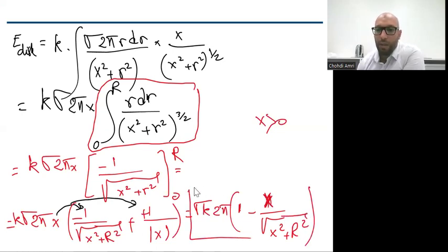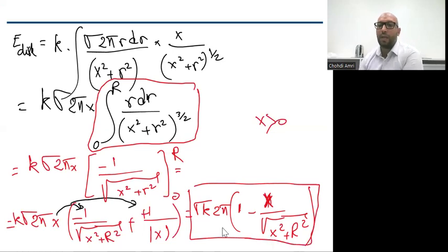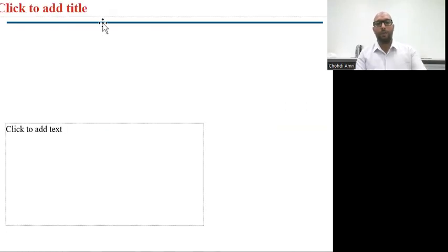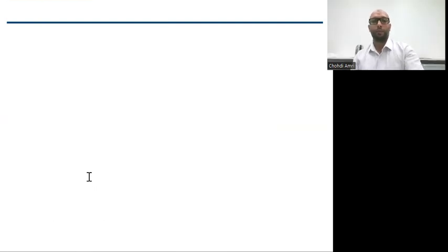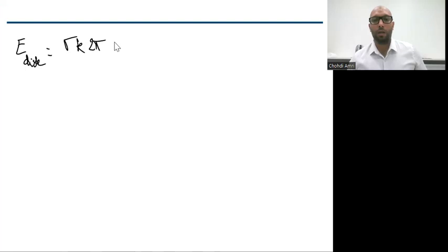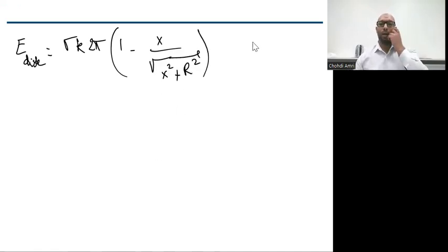This is our electric field produced by the disk at the point P along the x-axis. Let me summarize here: E produced by the disk equals sigma k 2 pi factor of 1 minus x over square root of x squared plus capital R squared. We are taking x as positive.